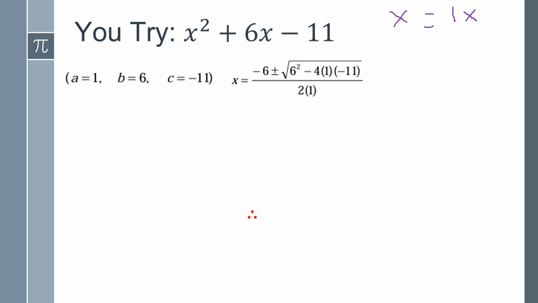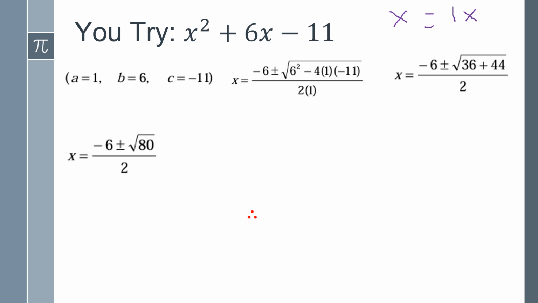X equals negative 6 plus or minus square root 6 squared minus 4 times 1 times 11 all over 2 times 1. If you did that, cool. Did you simplify 36 plus 44? Did you get 80? Negative 6 plus or minus square root of 80 over 2?